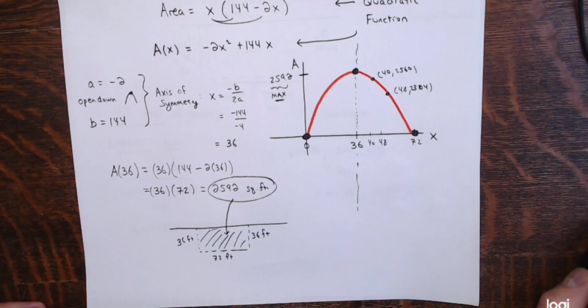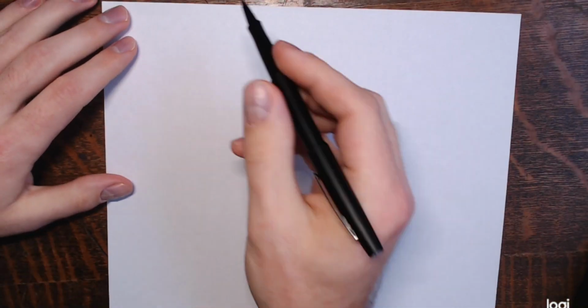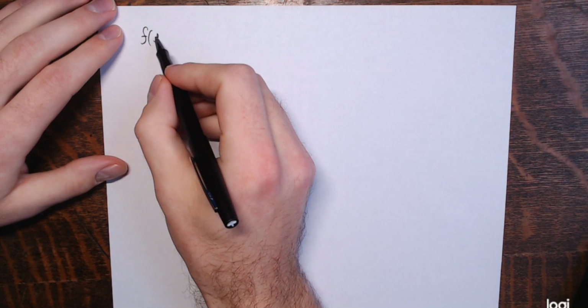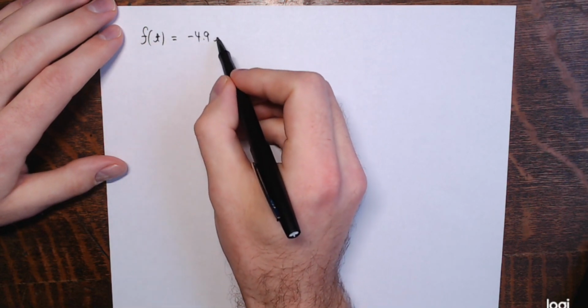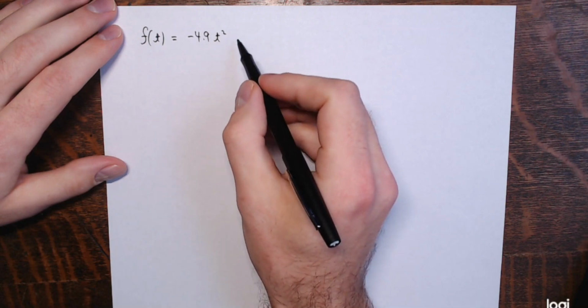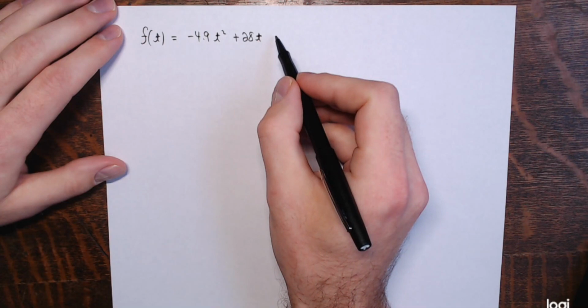Okay, so I'm going to draw this. I'll write out all the information we were given. Let's grab a little paper here. So we have f of t equals negative 4.9 t squared plus 28t plus 12.